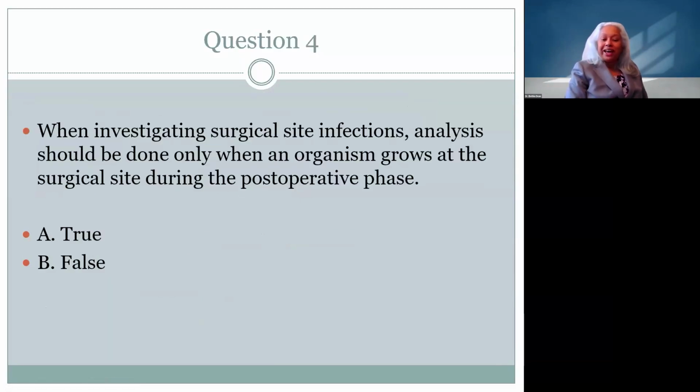Now we're going to go back and see if we've learned anything when investigating surgical site infections. Analysis should be done only when organisms grow at the surgical site during the postoperative phase. When investigating surgical site infection, you should only analyze it if there is a bug growing or a pathogen.